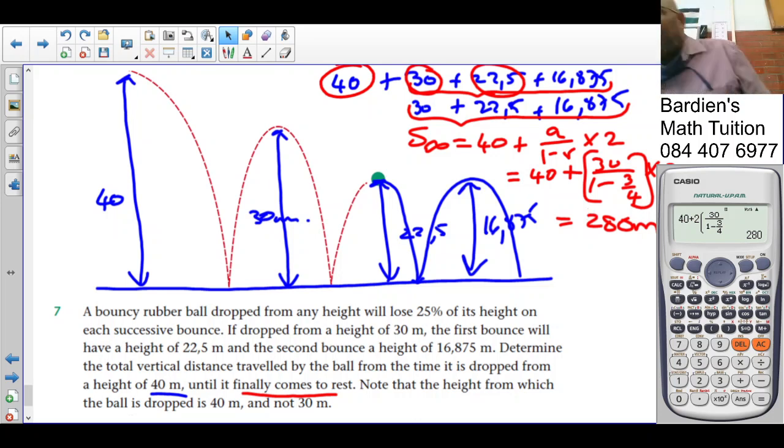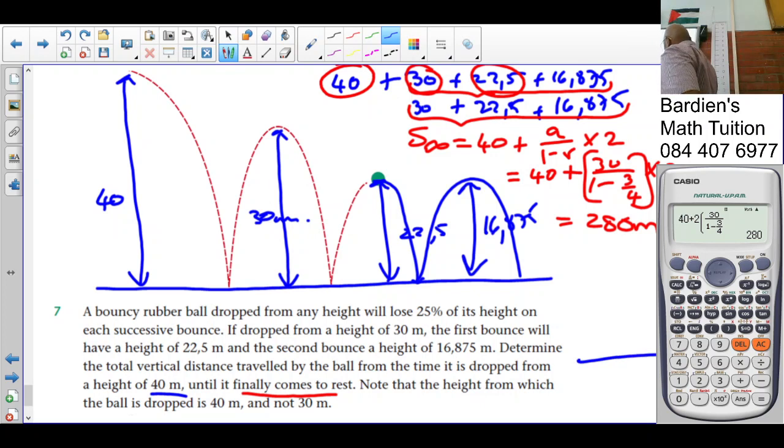But the idea of what happens is the ball is dropped. You might look here now. Don't look that side. The ball is dropped from a certain height. This is the ground. The first height from which it's dropped is 40. Then the ball goes up, but it loses a quarter of its height.